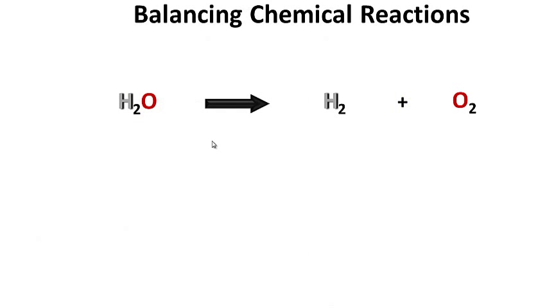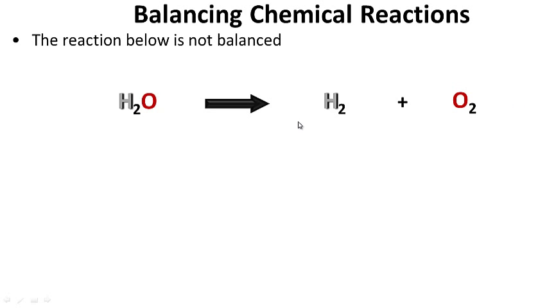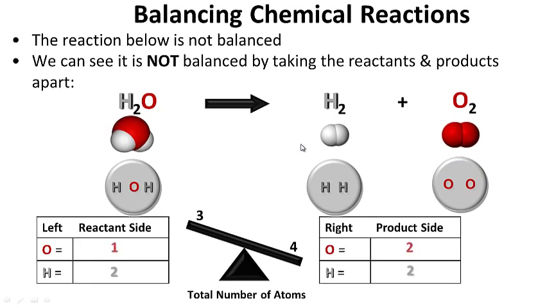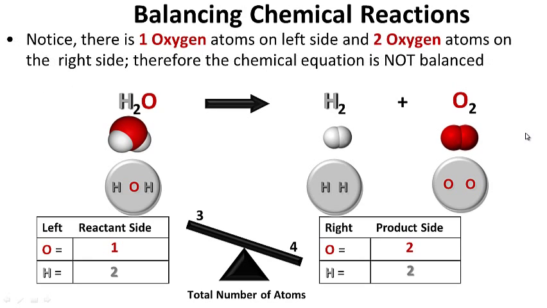All right, let's look at one more example here. Water decomposes to make hydrogen gas and oxygen gas, or fuel for our space shuttle. So the reaction is not balanced. We can see it is not balanced by taking the reactants and products apart. So notice we have 1 oxygen atom on the left-hand side and 2 oxygen atoms on the right-hand side.